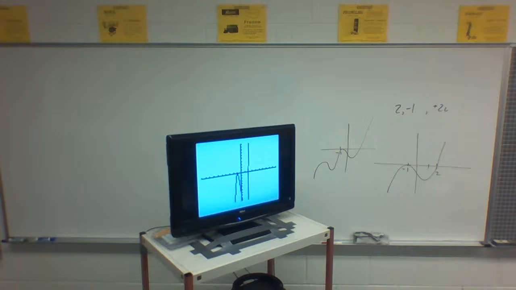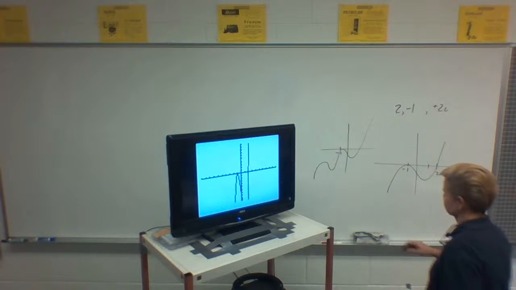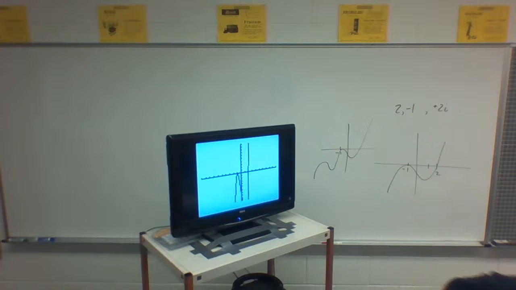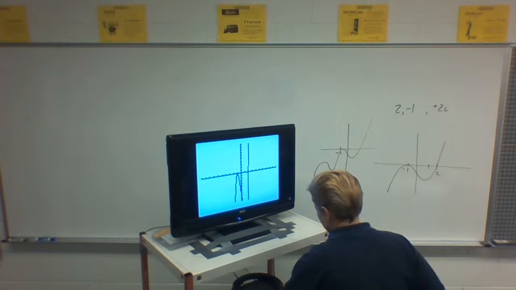It says, write a polynomial function f of least degree with rational coefficients. That's going to automatically happen. You don't have to worry about that. Whose zeros are 2 and 3 plus i. What degree will this have?